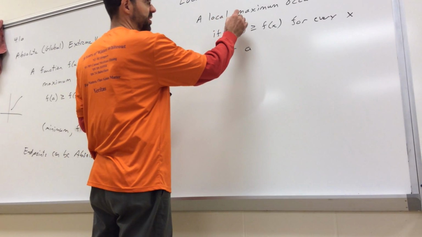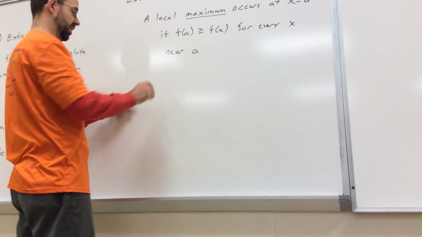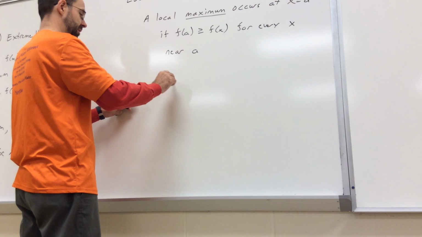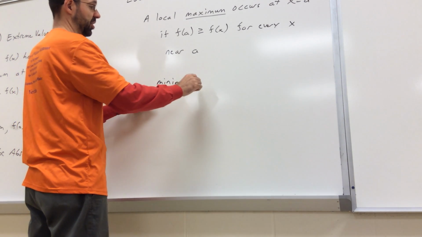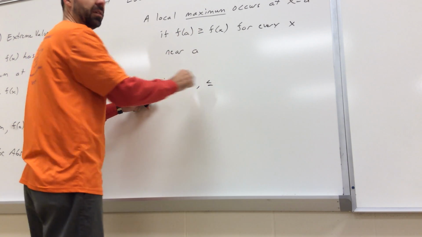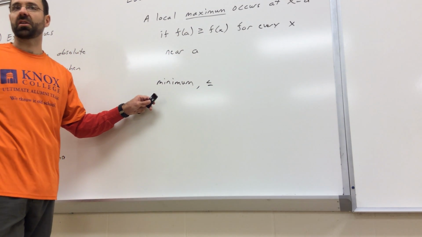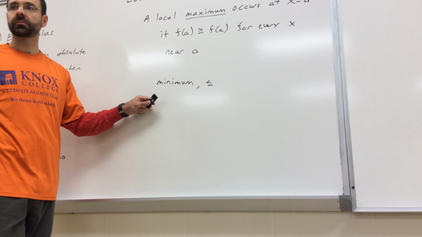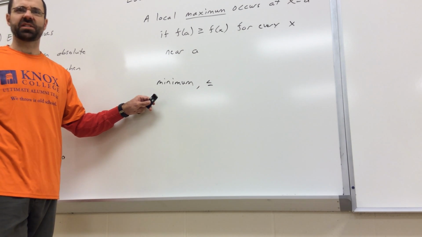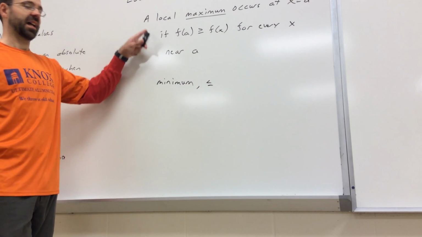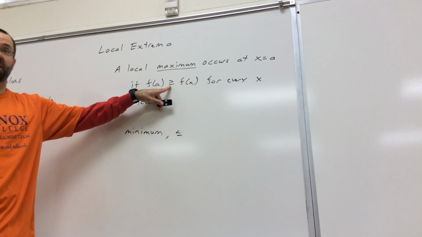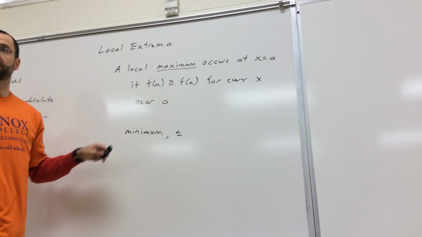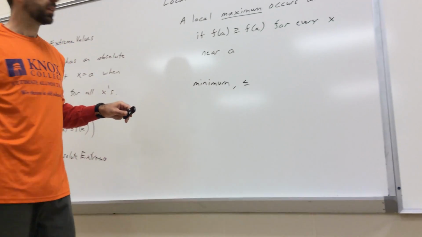Okay, and then you can replace this word maximum with minimum, and change it to less than. And then there can be something called a local minimum. So I'm just trying to save us time in ink. There's an exact definition like this with the word minimum in place of maximum and a less than or equal to sign. So same thing.